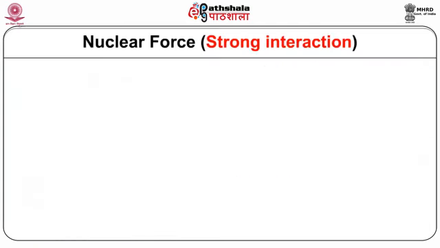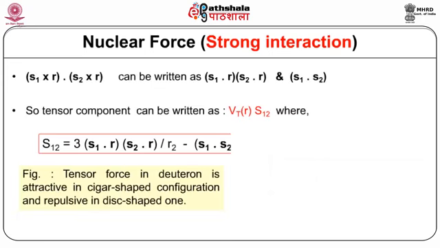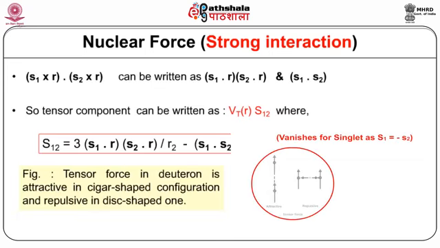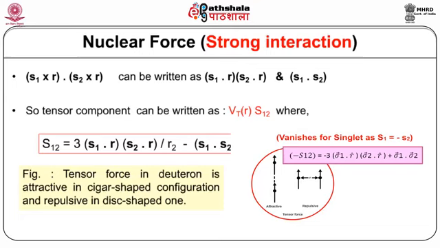We are continuing with our discussion of components of the nuclear interaction. In the previous slides, we have covered that the nuclear force has many components. The major component is the central potential, the second is the spin dependent term, and the third major component is the non-central or tensor component.